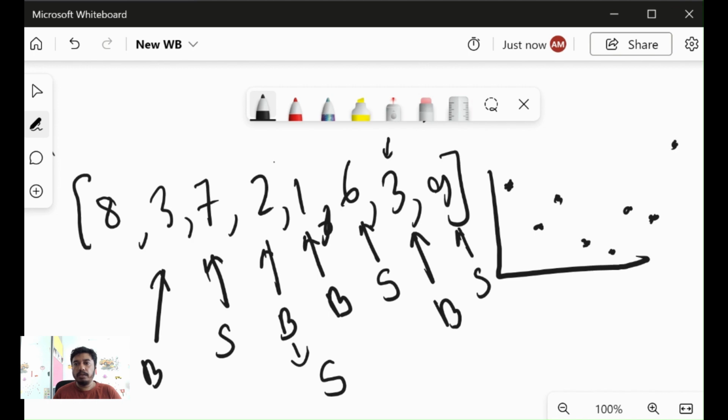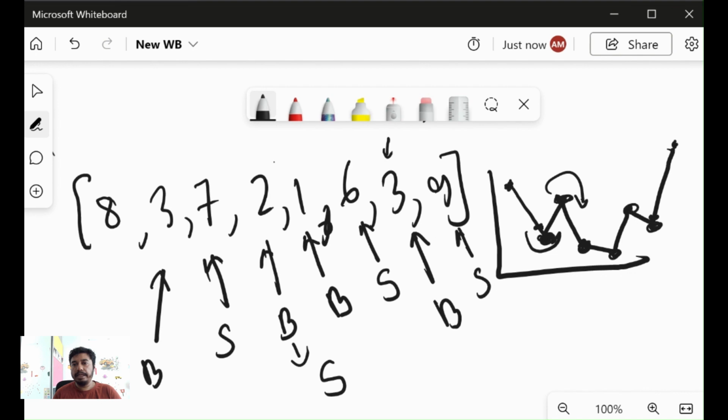Okay, so if you draw this chart here, you basically buy in these kinds of regions. So you buy here, then you buy here, then you buy here, then you buy here. Okay, where are you selling? You are selling wherever you have this kind of shape.